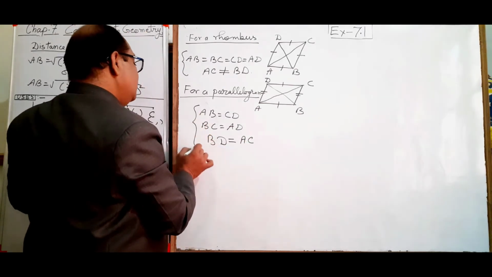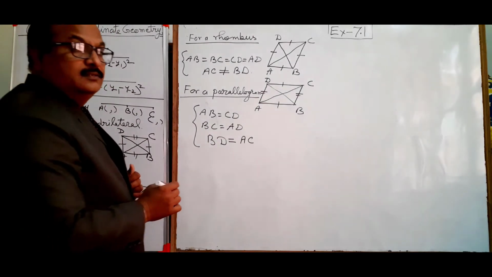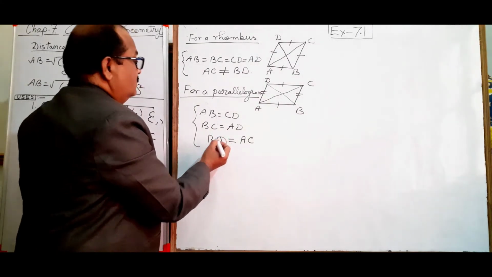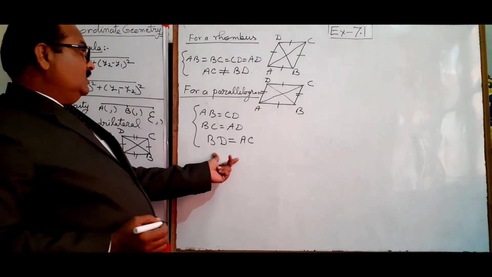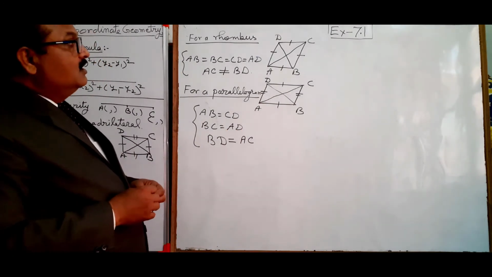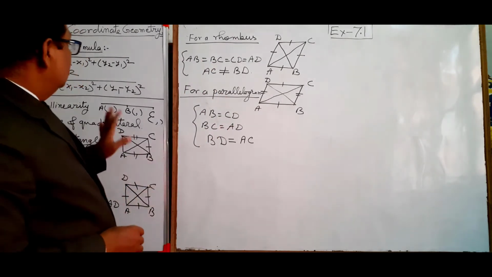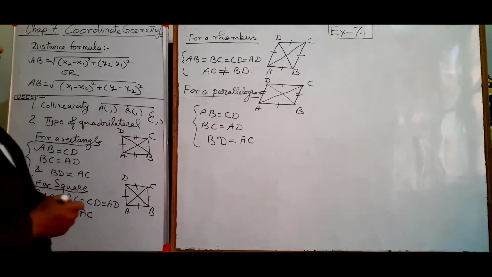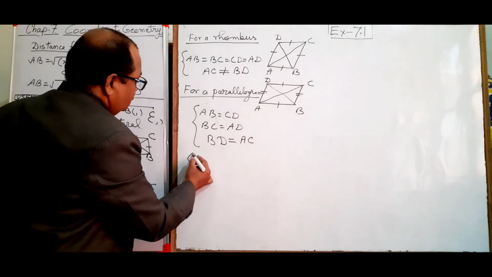So if this condition is satisfied, we can say the quadrilateral is a parallelogram. So these are the conditions. On the basis of this, you can solve question number 6.